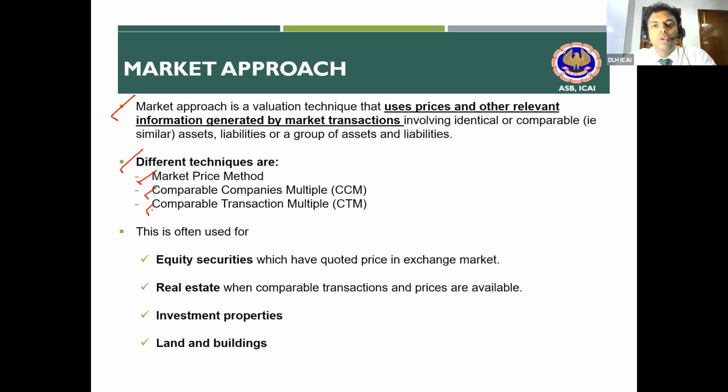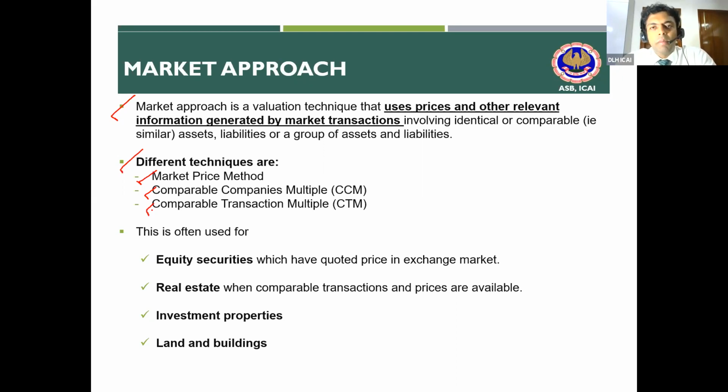By considering all those factors, I need to determine what is the value of that plot, what is the value of that floor which is going on in the market, right? What is the value of the floor which has been recently transacted in a couple of days, in the previous 1 month, in the past 6 months. All those factors need to be considered while determining the market price.